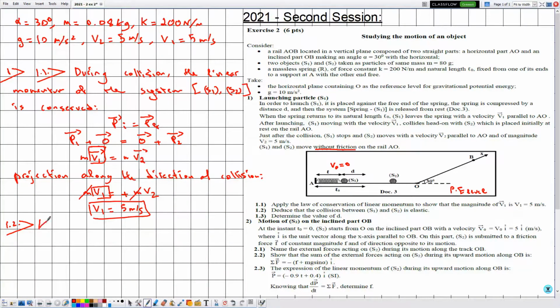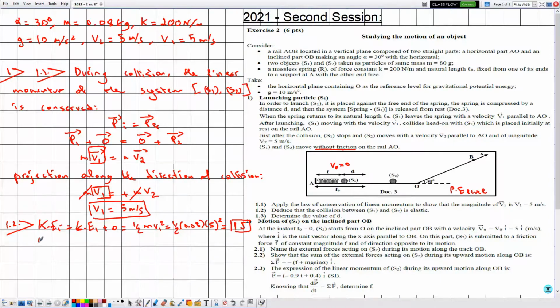So kinetic energy initial: initially only S1 is moving, so the kinetic energy initial of the system is determined by S1, which is given by kinetic energy 1 plus 0, which is equal to half m v1 squared, which is equal to half multiplied by 0.08 multiplied by 5 to the power 2. Plugging this on the calculator, the value of the kinetic energy is 1, in joules.